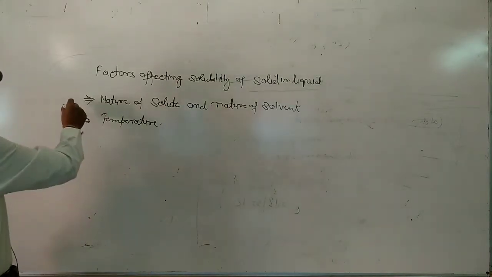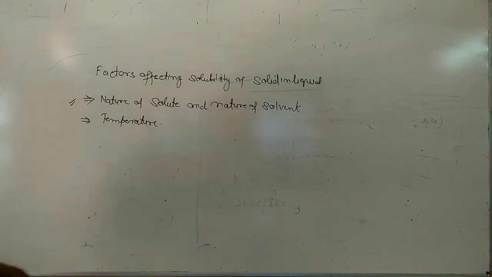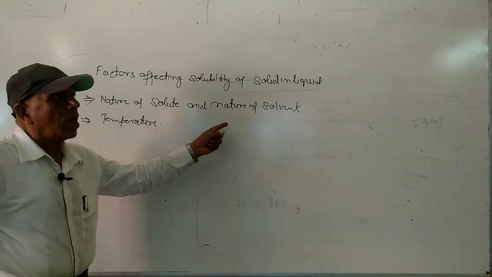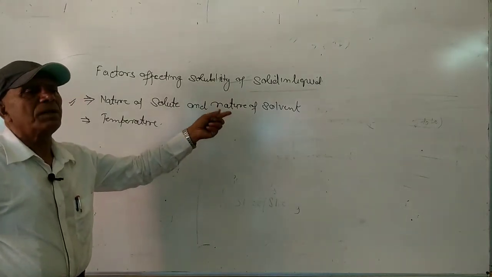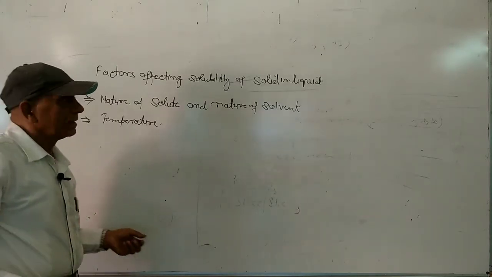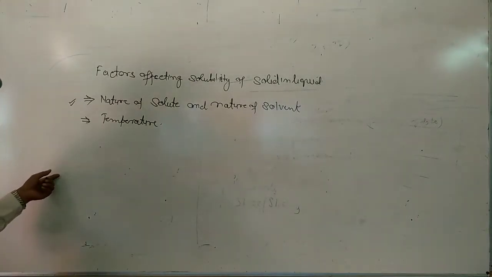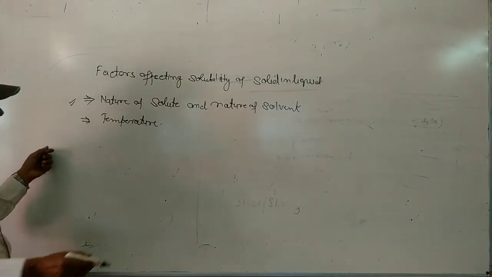So first, the nature of the solute and the nature of the solvent. As you know, not all substances dissolve in a particular solvent. For example, in water, only those substances which are polar in nature are highly soluble.